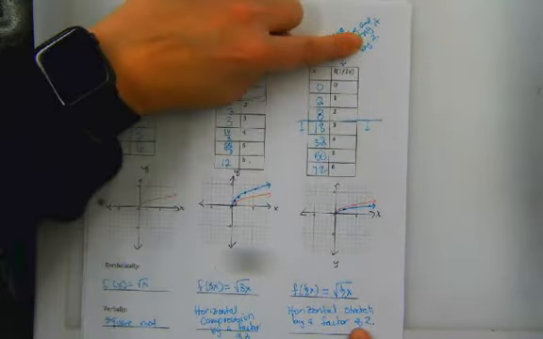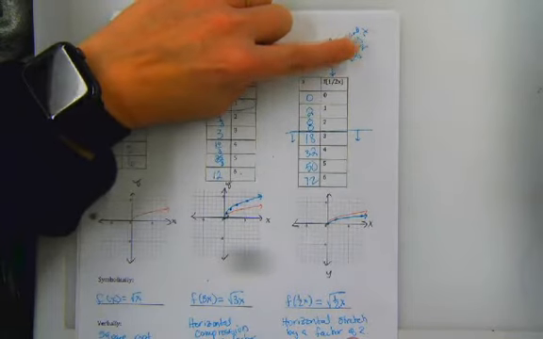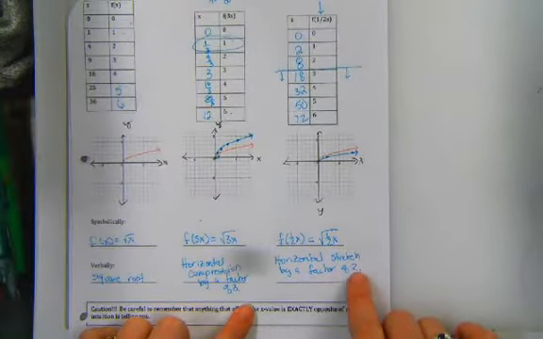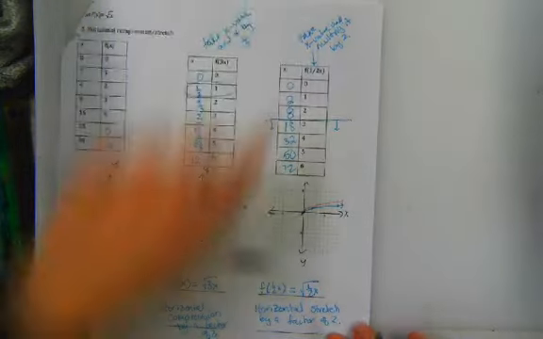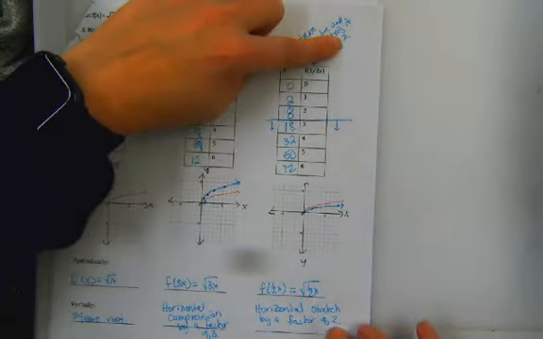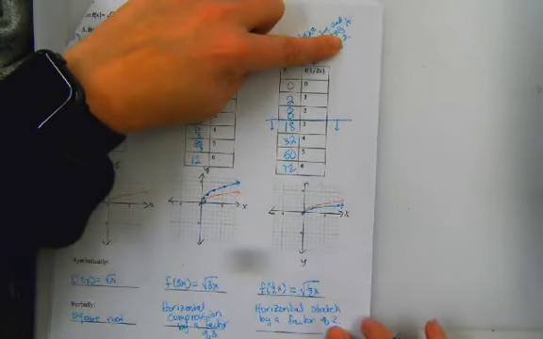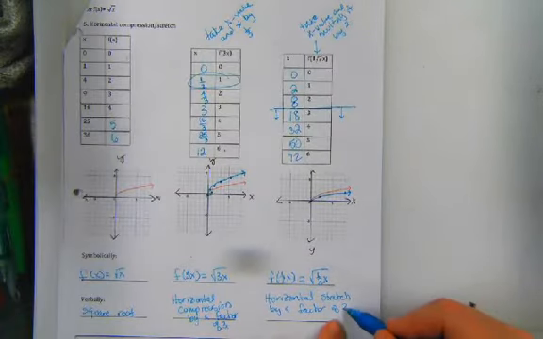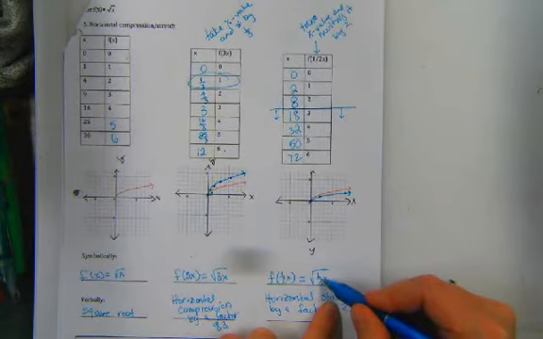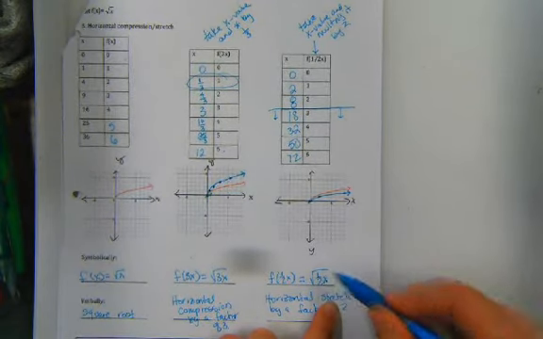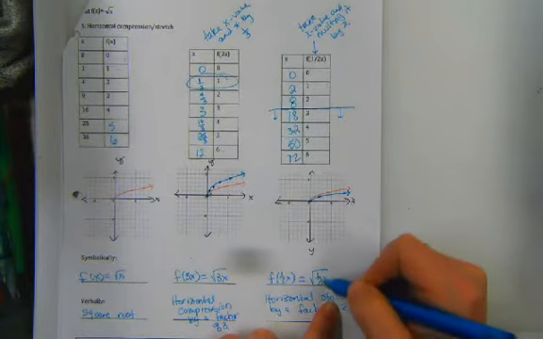Take x values and multiply them by 2 is literally linked with by a factor of 2. These numbers, whatever you're doing to the x, should be the same here. Quick reminder again, if this number is a 2, you've got a stretch. I know it's deceiving because you want to say this is a compression because this is a fraction, but I want to remind you this fraction becomes the 2 because the inverse of 1 divided by 2 is 2 over 1.